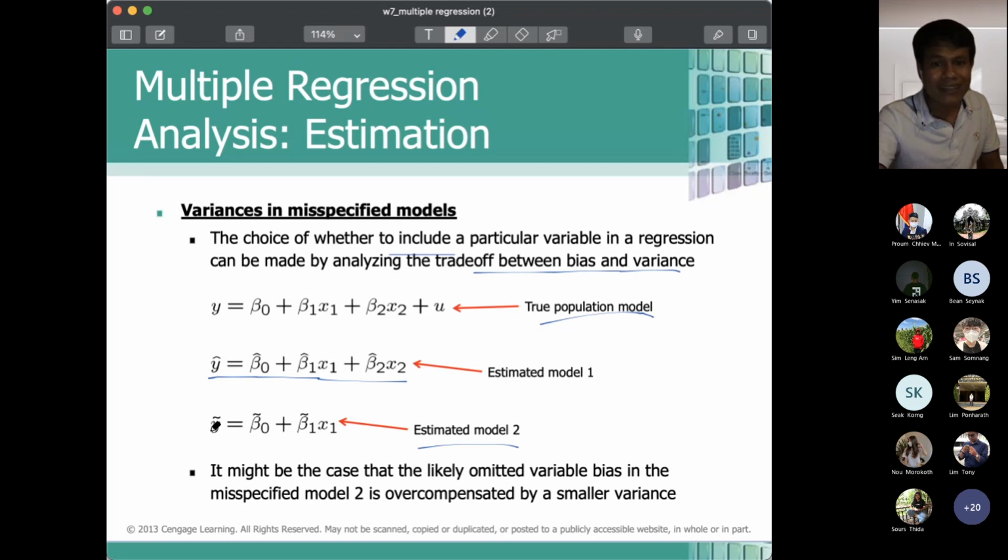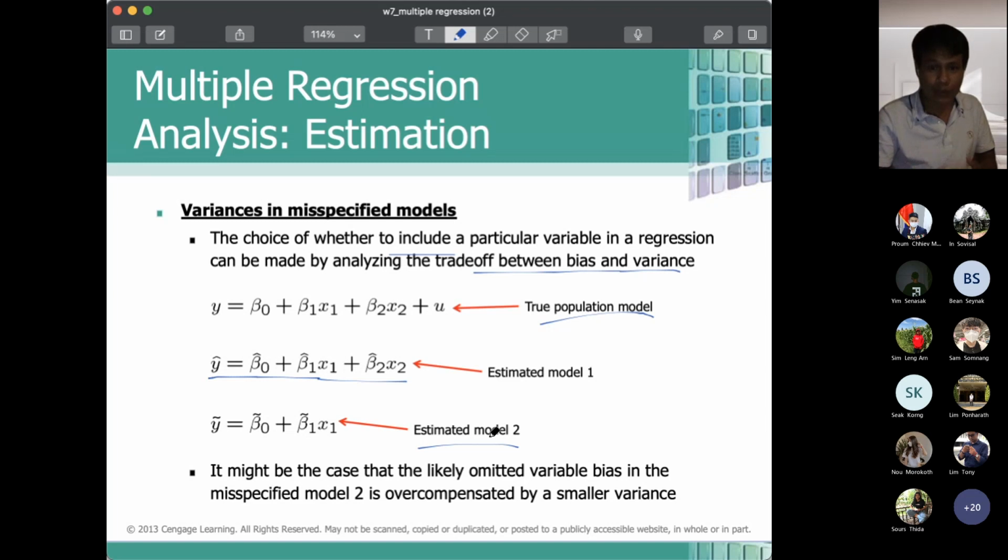So we have y tilde equals delta 0 tilde plus delta 1 tilde x1. Remember the notation, class, the symbol. When we use hat, it is the estimated model when we have 2 independent variables. When we use tilde, this notation here, it means the estimated model that has only 1 independent variable.